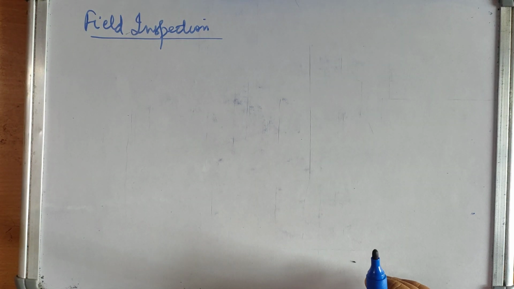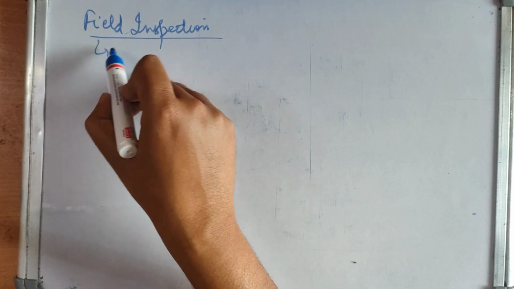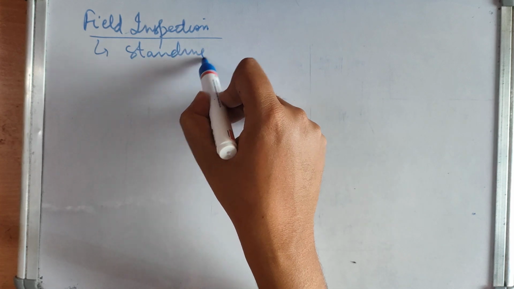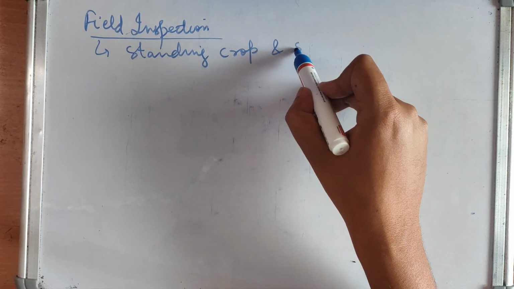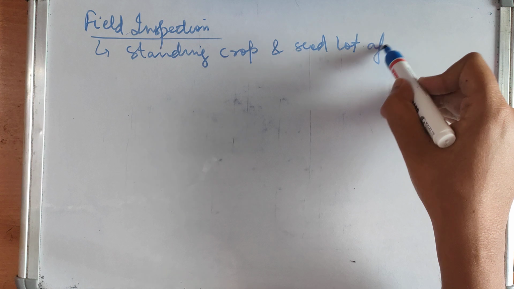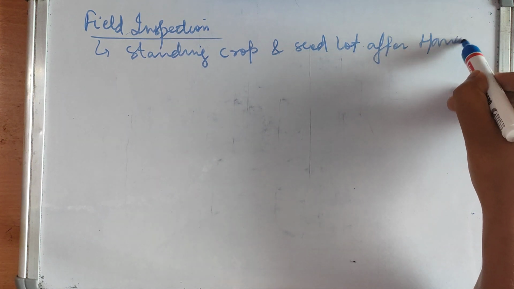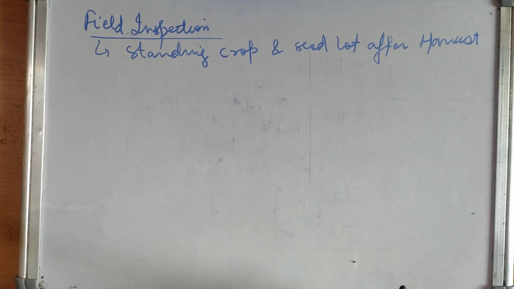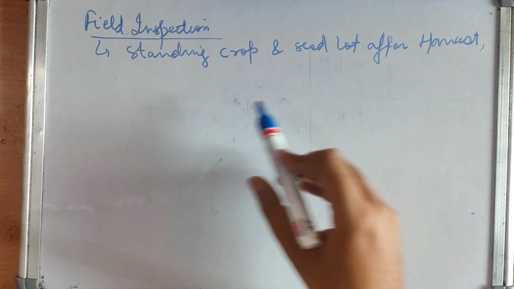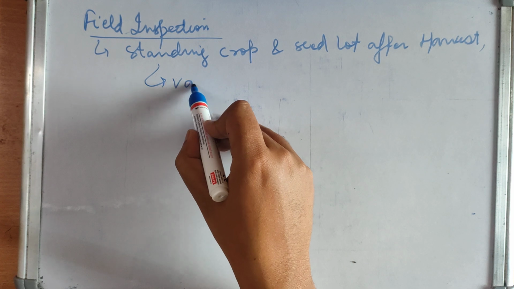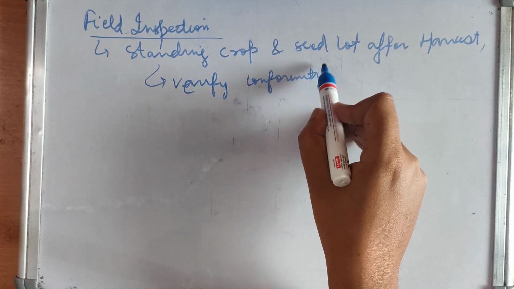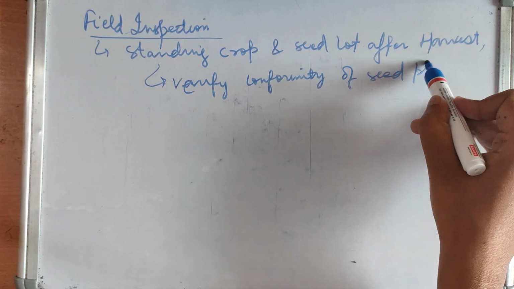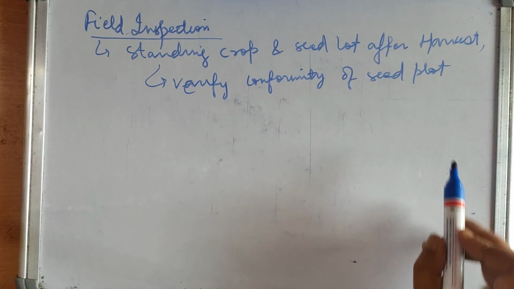Field inspection is the inspection of the standing crop and the seed lot after harvest, which is an essential step of verifying conformity of the seed plot to prescribed certification standards.